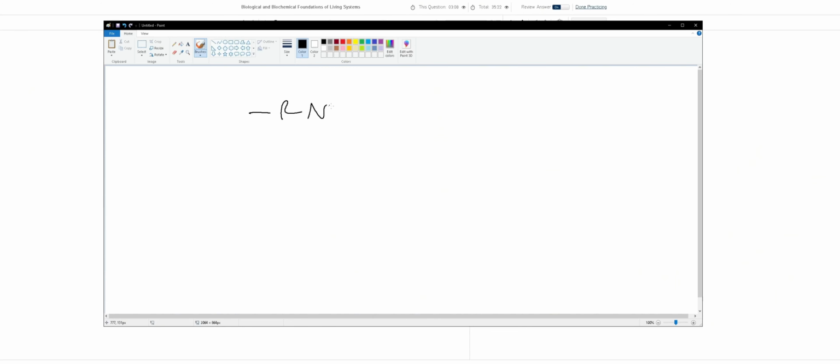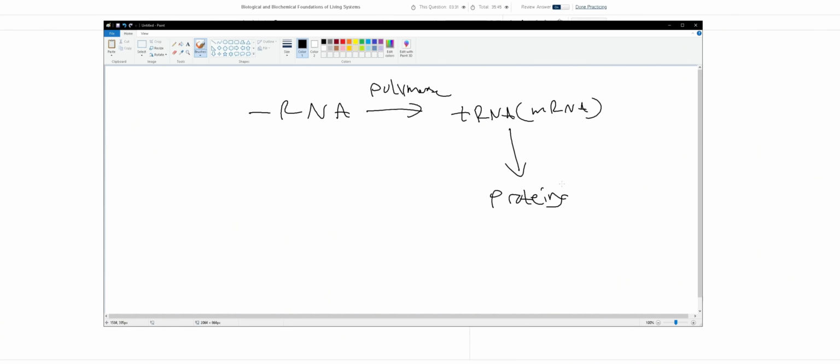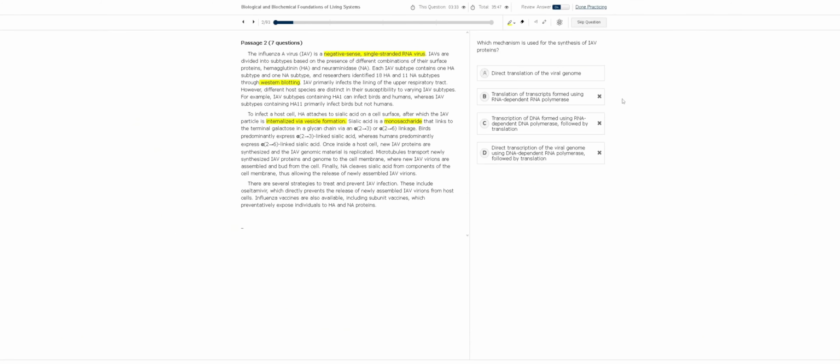It comes in as negative RNA, then uses the polymerase and converts to something the host cell can recognize, in this case positive RNA, or you can call it mRNA. Then this directly gets recognized by the cell, and boom, it just makes proteins. So this definitely lines up with the negative sense type of virus. So B is a good candidate so far, so I'm going to hold on to B.